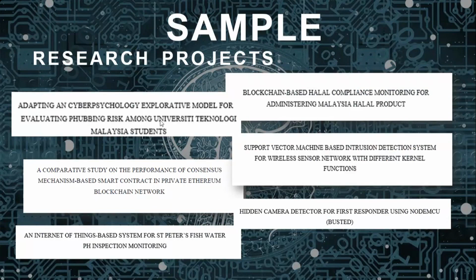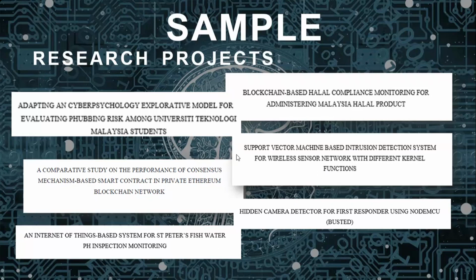For example, adapting a cyber psychology exploratory model to evaluate pubbing risk among UTM students, or support vector machine based intrusion detection. All these are from my previous students. Some are doing a comparative study on the performance of consensus algorithms, and then Internet of Things and so on.